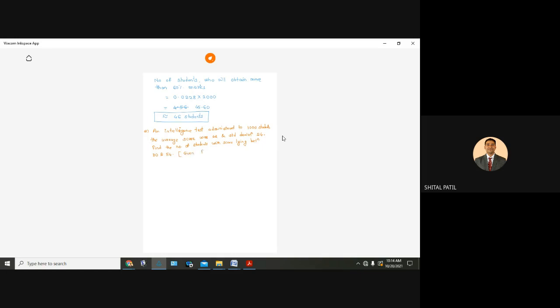Given, for z equal to 0.5, P equal to 0.1915.